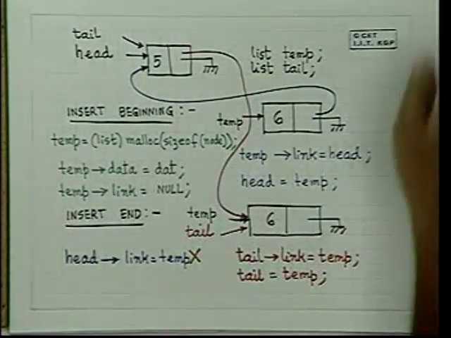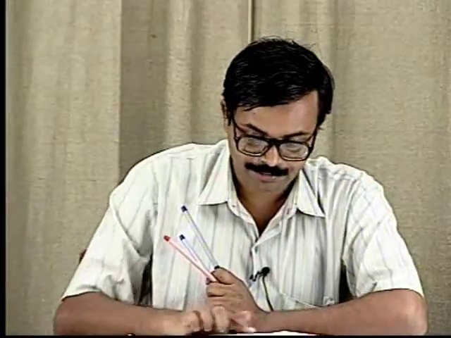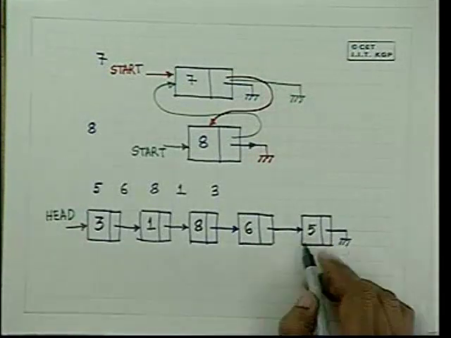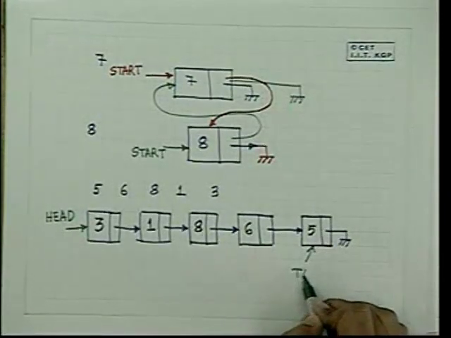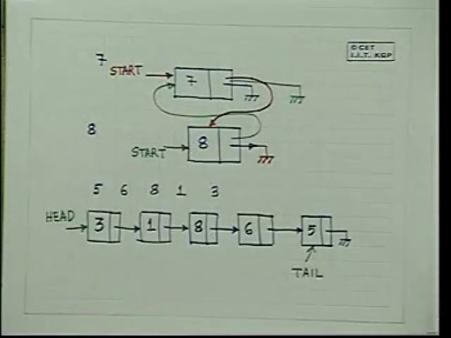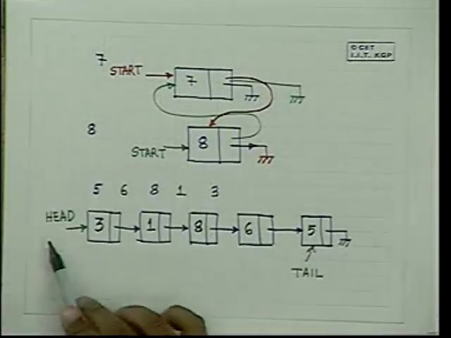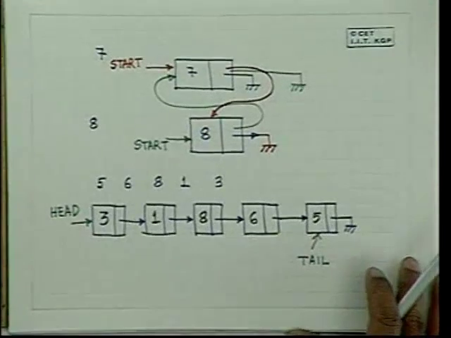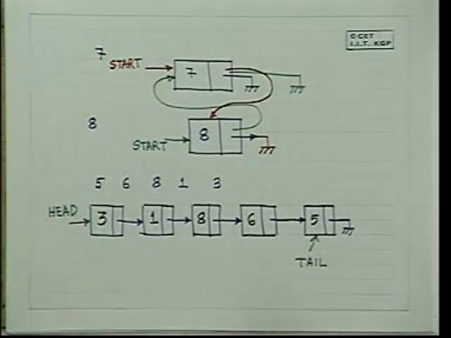Once you have added and inserted data like this, you will get a linked list of this type with the head element, and obviously if you require, the tail element will be here. At any point of time, with the head and the tail, one will read it in the reversed order, the other will read it in the direct order.